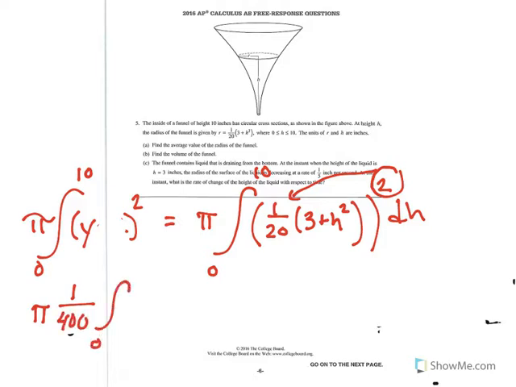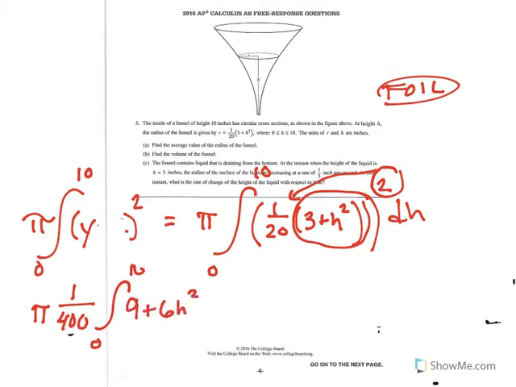The integral from 0 to 10, and I've got to square this. Now remember, when I'm squaring it, I've got to FOIL it. If I mess that up, it's okay, I'm going to lose a little bit of the points. But I'm going to FOIL it, and it gives me 9 plus 6h squared plus h to the fourth from 0 to 10, dh.